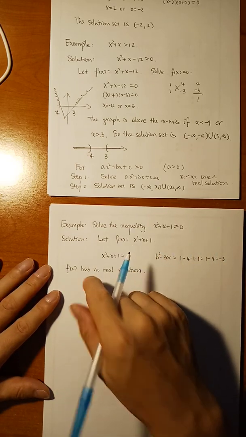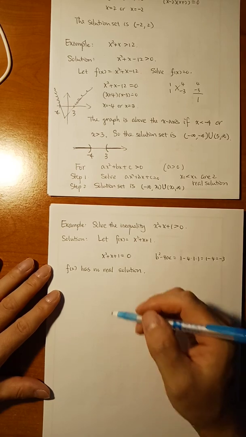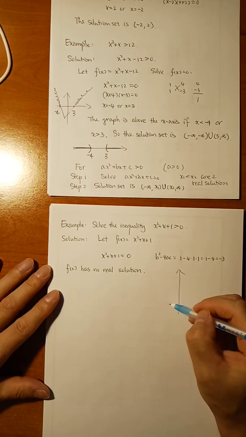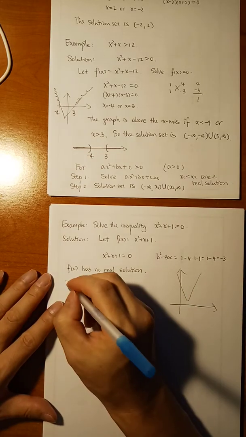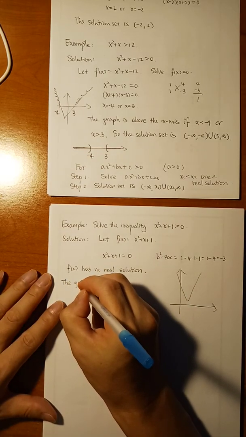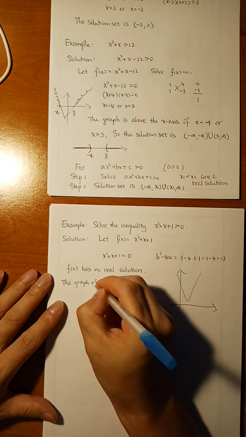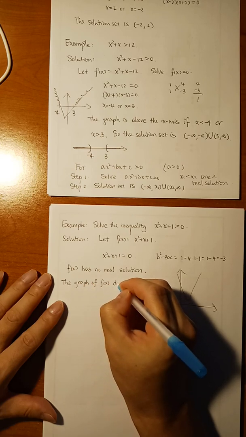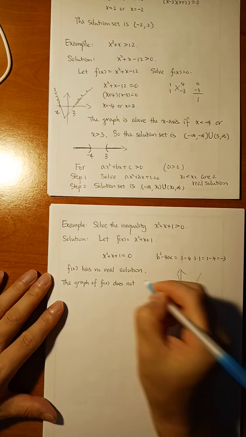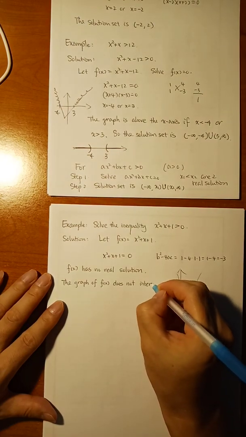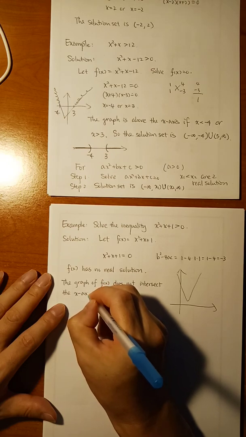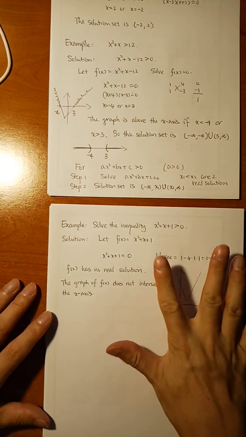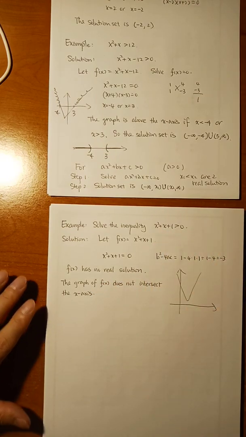If it has no real solution, what does it mean in the graph? It means the graph of f(x) does not intersect the x-axis. It does not intersect the x-axis, then it is always above the x-axis.